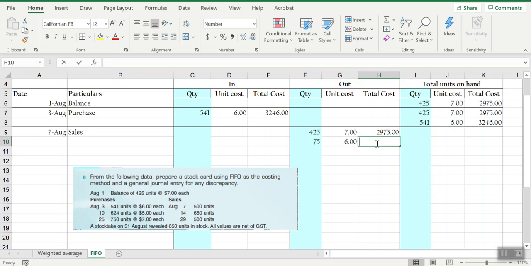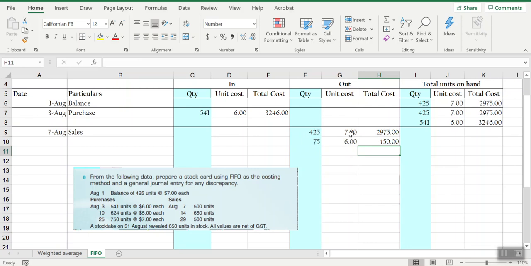Now you would have charged the customer the same price for it all. It's just our profit margin will be different for the items that we're selling. The customer would have said, well, that's silly. So they would have been charged the same price for all 500, but that's what it cost us.